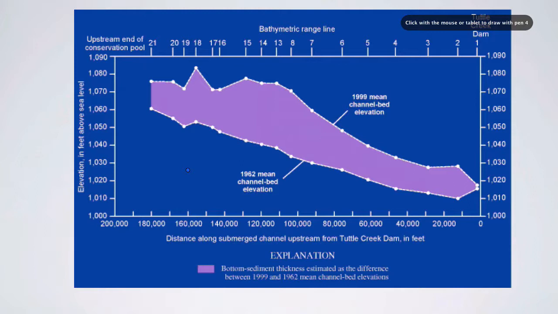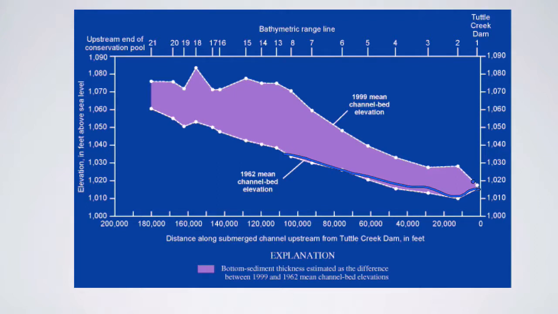So this here is the distance from the dam itself, so upstream, and here's the elevation above sea level. And in 1962, not long after that dam was built, here we have the dam itself, or the base of the dam. And this was the elevation of the channel right there.